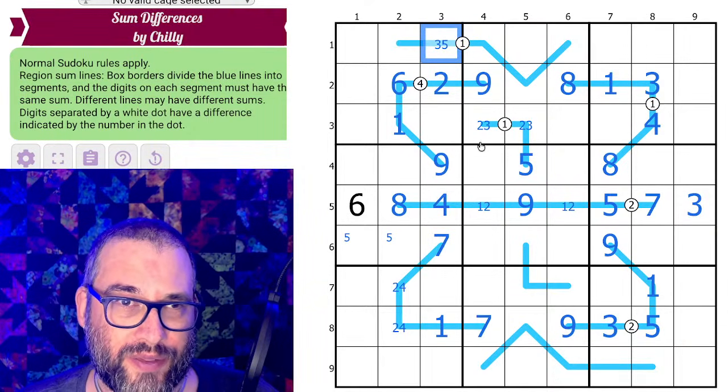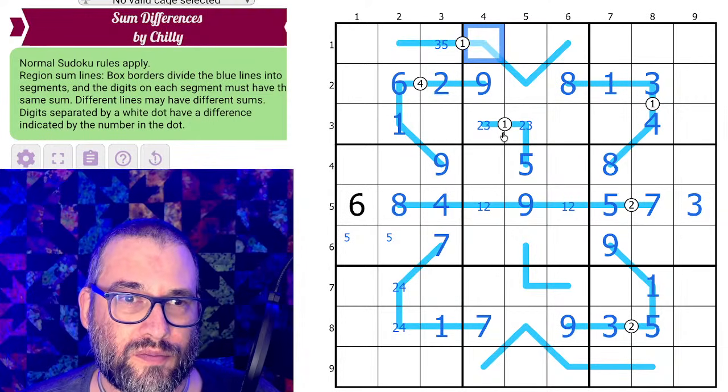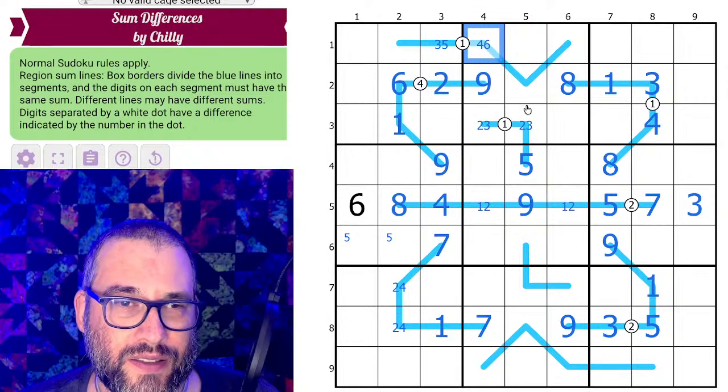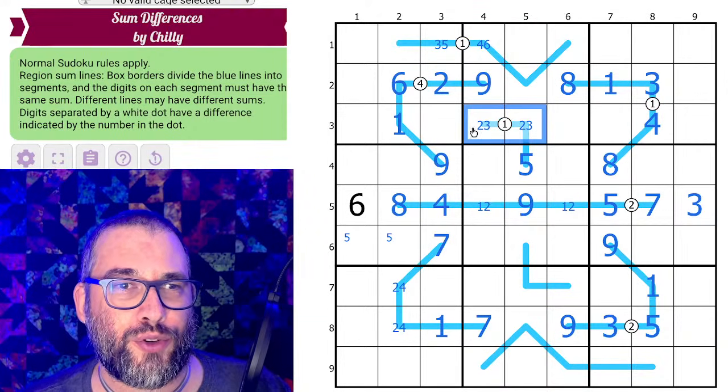So this is 3 or 5. So this is 4 or 6. Can't be 2 because of this.